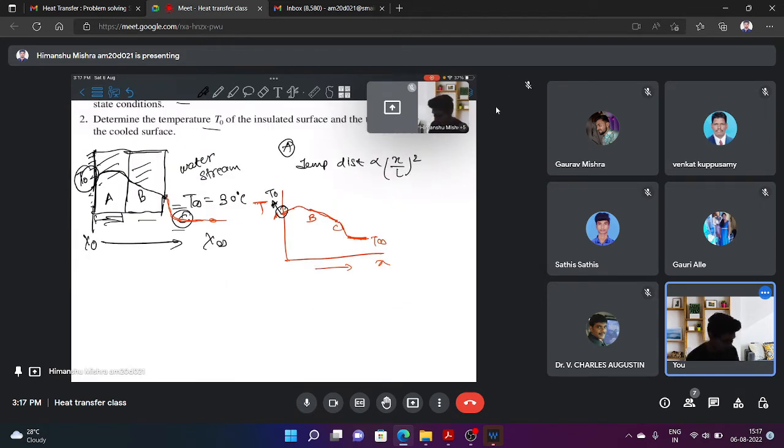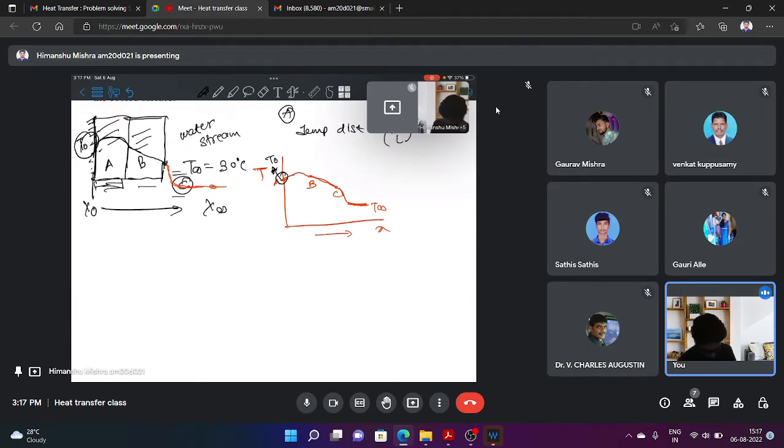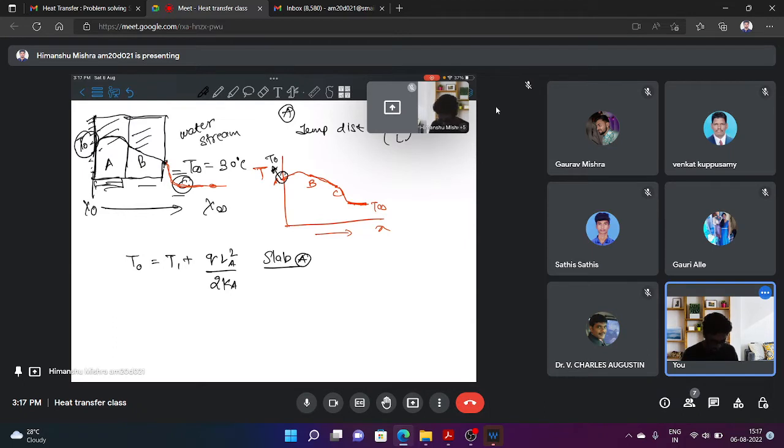For slab A we can write the equation like this, since we have heat generation, the temperature distribution will be governed by this equation in slab A, whereas the temperature distribution in region C will be as follows.